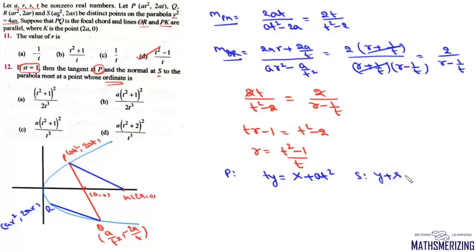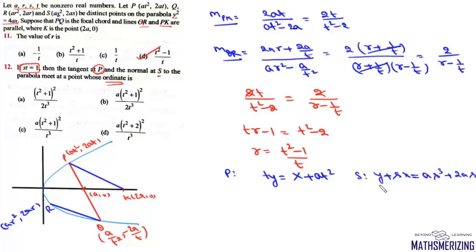So it will be y plus s into x equals at cube plus 2at. So it will be a s cube plus 2as.